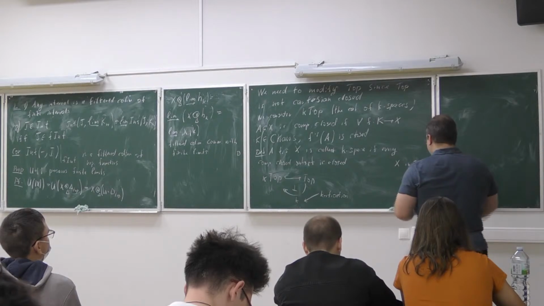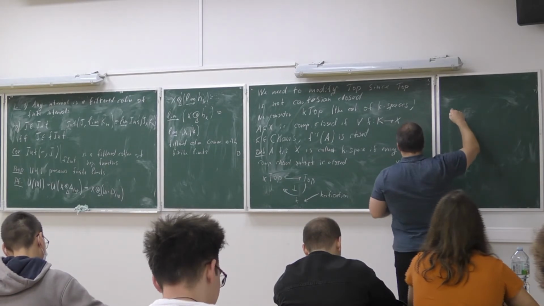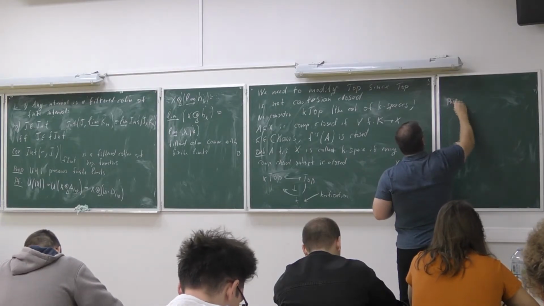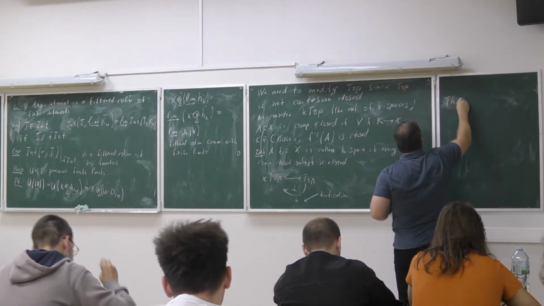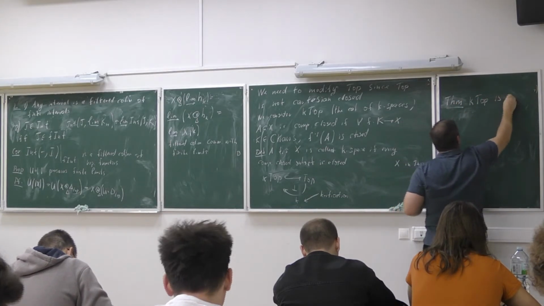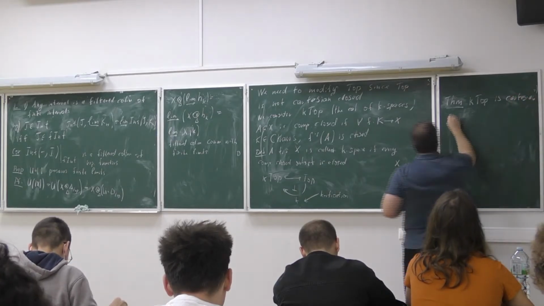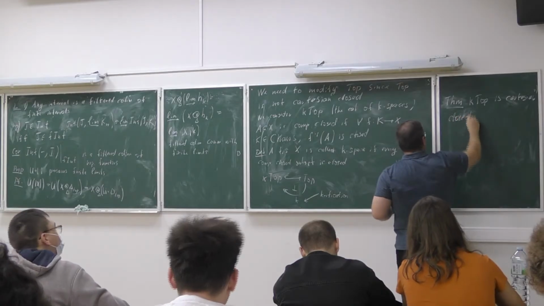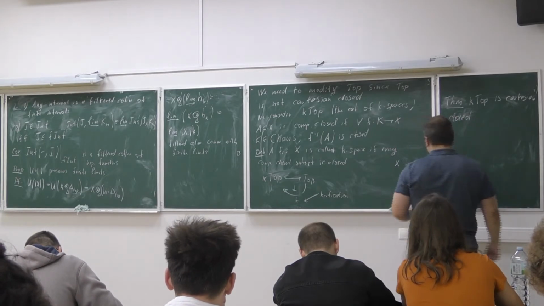Okay. So now I have the proposition. Maybe I need to formulate this theorem without proof, to emphasize that this is important. K-Top is Cartesian closed, which is not true for Top. This is a statement from general topology, which I'm not going to prove.